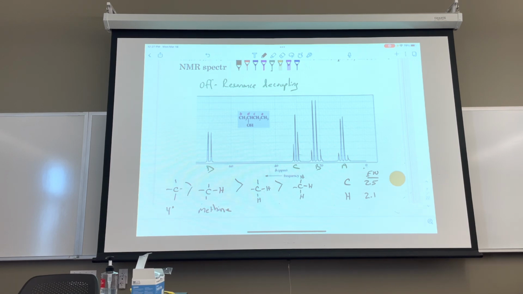So simply put, a carbon is more electronegative than a hydrogen. The more carbons you have relative to hydrogens, the more deshielded the peak is going to be. So in this molecule we're comparing a methylene, CH2, to a methyl, CH3. The methylene has more carbons on it, so it would be more deshielded than a methyl group. Okay? Any questions on that?